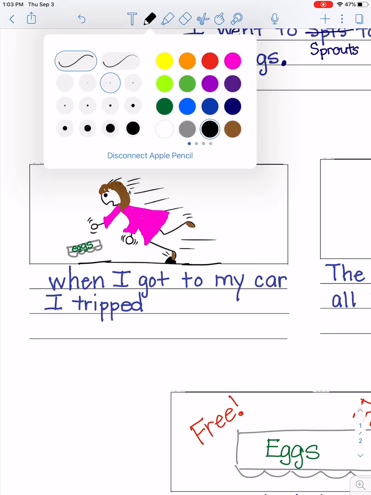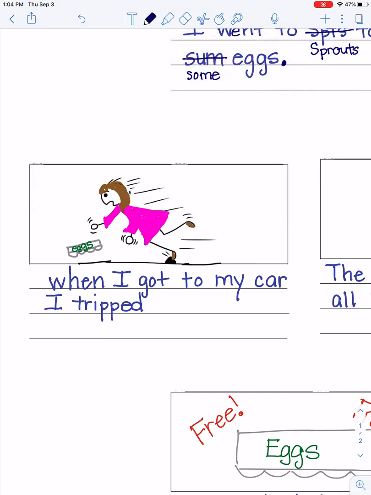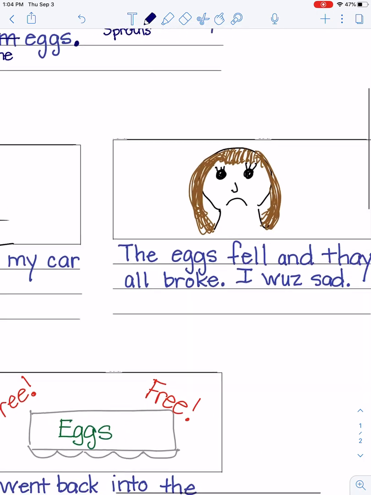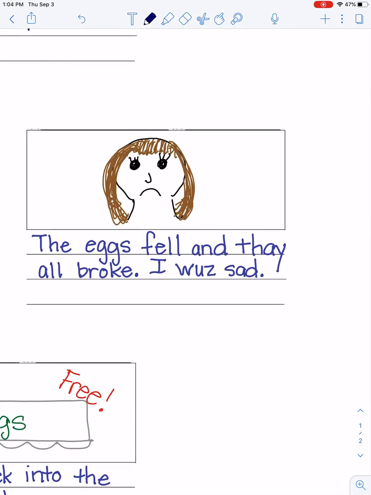Well, this should be an uppercase W right at the beginning. Okay, and it needs to look just like this. So I think maybe I'll just go ahead and erase that and make it look nice and neat. When I got to my car, I tripped. I need some kind of punctuation at the end, and I think I'll add an exclamation point because that shows excitement. The eggs fell and they all broke.